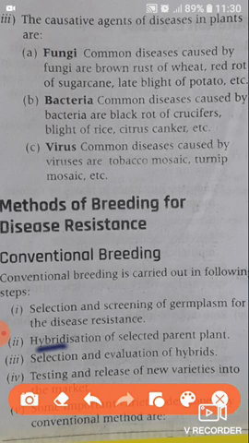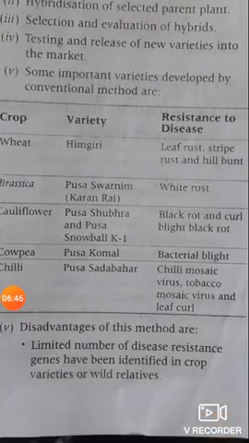Then we talk about the cauliflower, Pusa Shubhra and Pusa Snowball K1, which are resistant to black rot and curl blight. And the cowpea Pusa Komal is a variety of cowpea. This variety can always help us with conventional things.